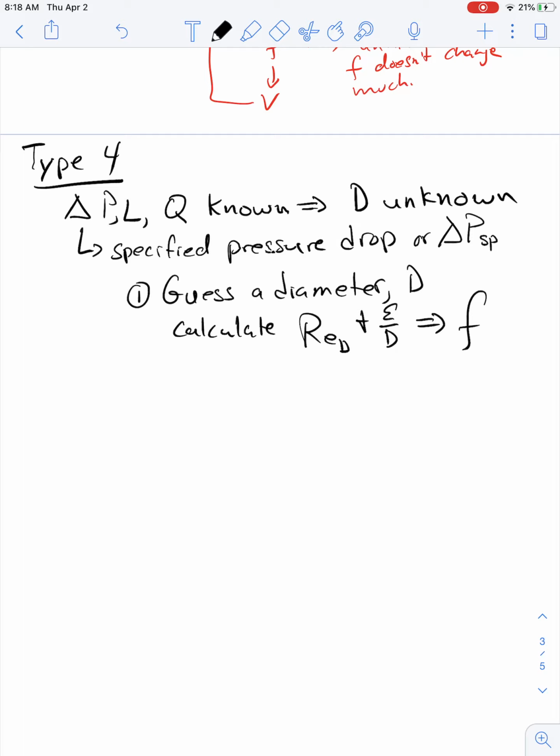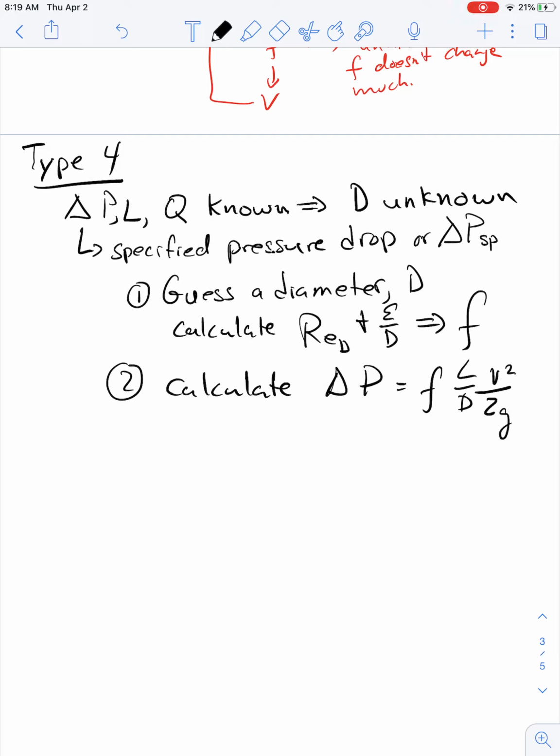Given the friction factor, so step 2, once I have that friction factor, and again, that's coming from the Moody diagram, same steps, we can calculate delta P. So I have a delta P that I've calculated, and that, remember, is simply the FL over d, v squared over 2g, and rho in there.